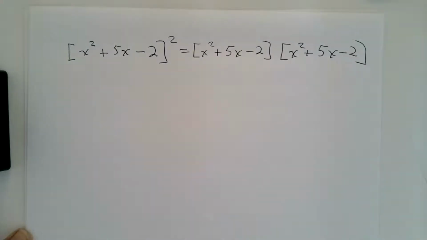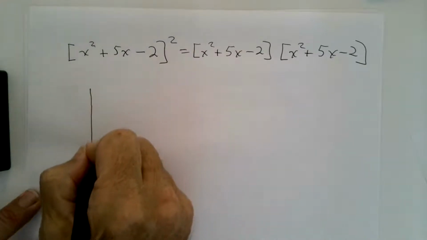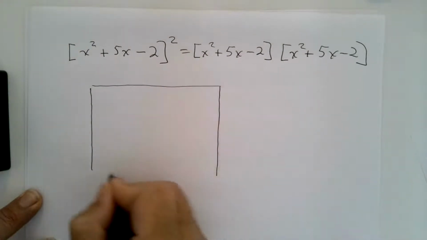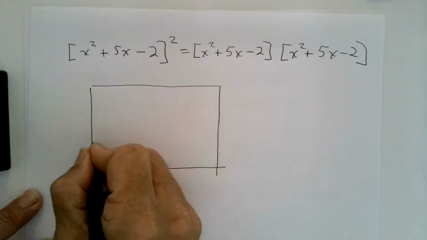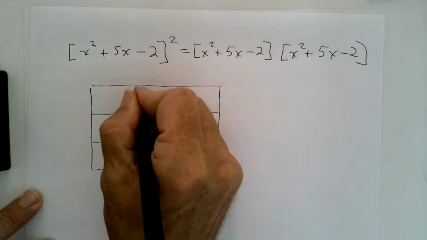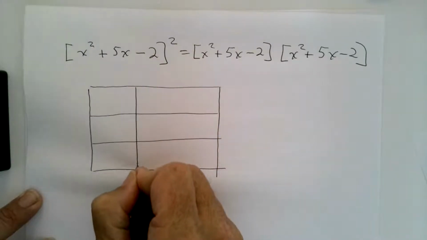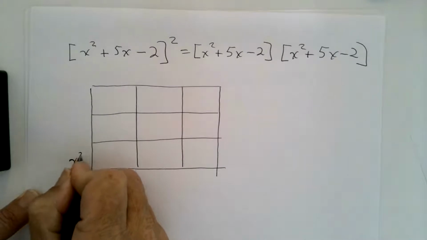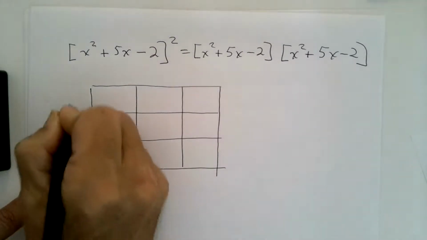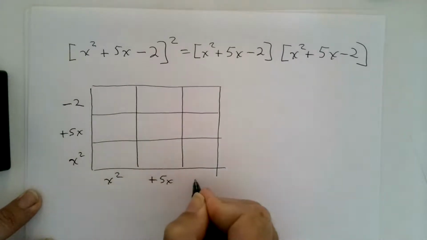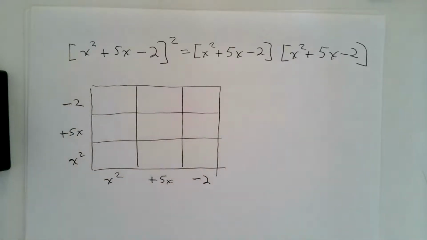So we're going to multiply together those two trinomials and see what results. A trinomial needs 3 pieces, and the other trinomial needs another 3 pieces. So I've got x squared plus 5x plus negative 2, and x squared plus 5x plus negative 2.